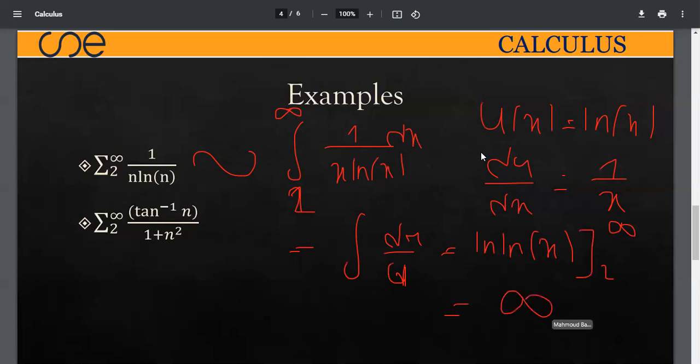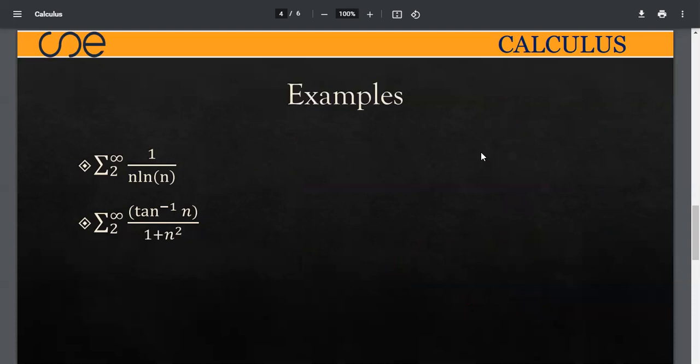However, it will be equal to infinity, right? ln of infinity is equal to infinity. Hence, I don't mind ln 2, it doesn't affect my final answer. And the series is divergent because the improper integral is divergent. Take your time, and try to solve the other example using the same method.